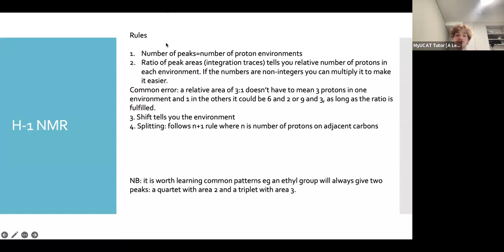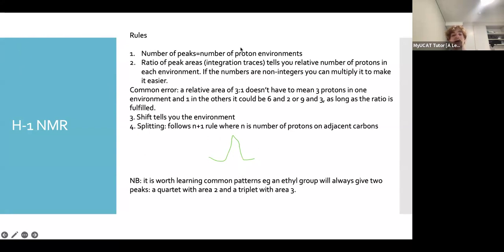Now, what can become a bit tricky is that there are two extra pieces of information that we can take away. The first piece of information is that in proton NMR, the area under the peak matters. You get a bit of a spike like this. Let me just draw this out for you. You get a spike, something that looks like this, on a proton NMR, or maybe it's split, which is something we'll look at in a minute.